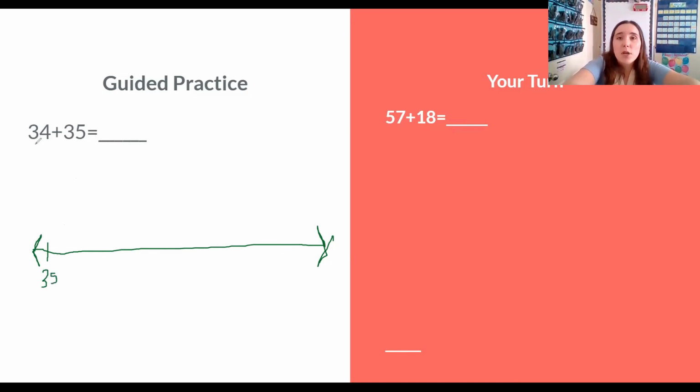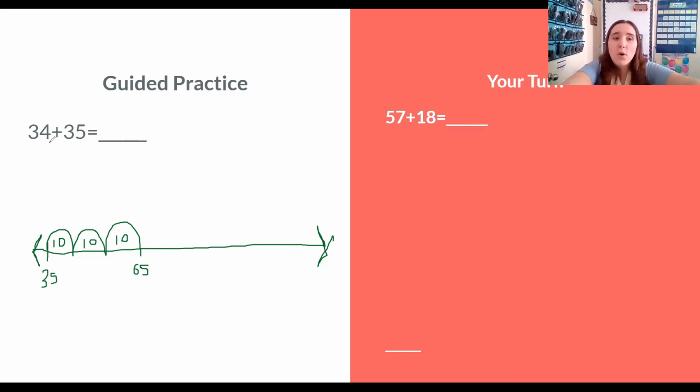And then I'm going to make jumps by tens. So I see that there's 3 tens. So 10, 10, and 10. I added 3 tens, which means I added 30. So plus 10, plus 10, plus 10. And I know 35 plus 10 is 45, plus 10 is 55, plus 10 is 65.